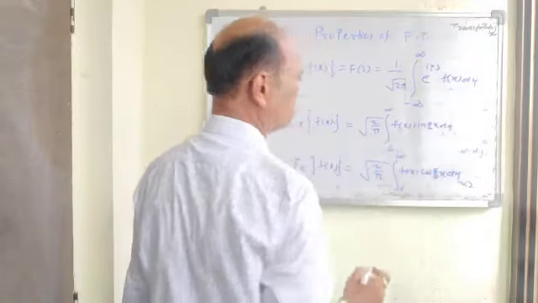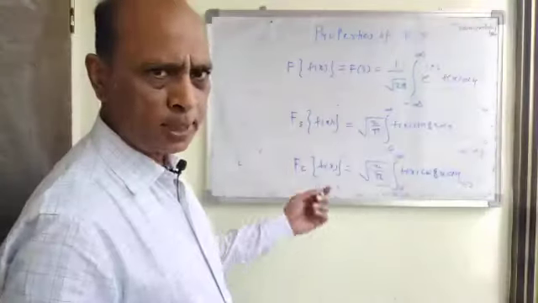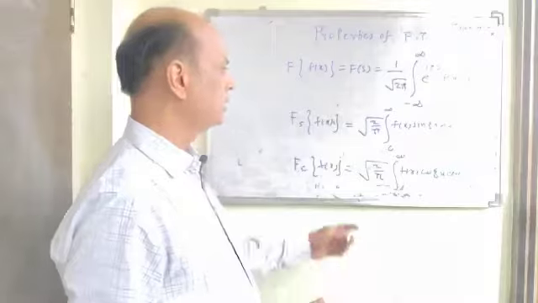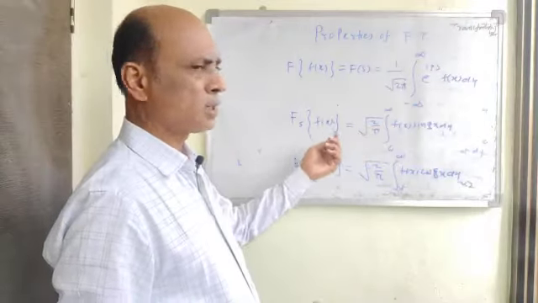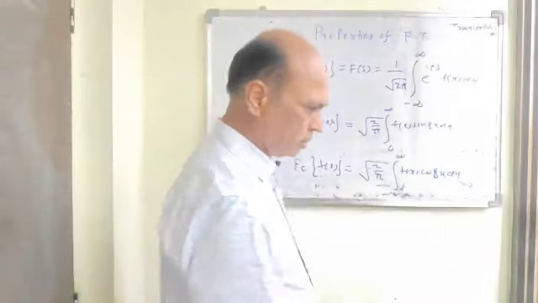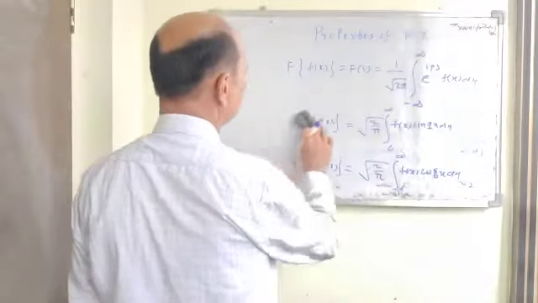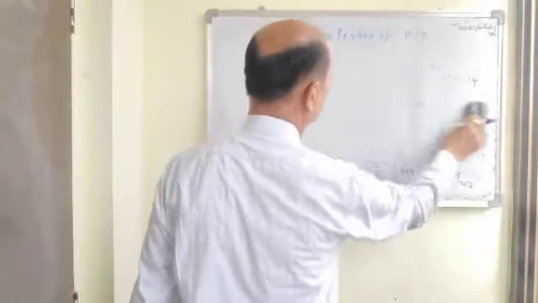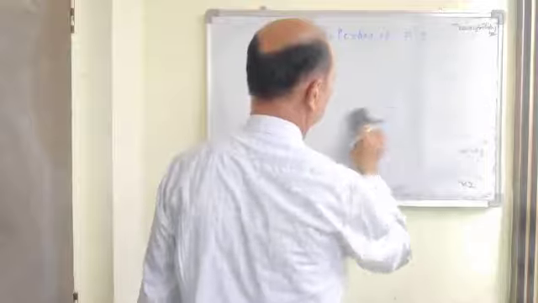In some books they use p also, but here we are using s, that is the function of s. So now we will see some properties of this Fourier transform.